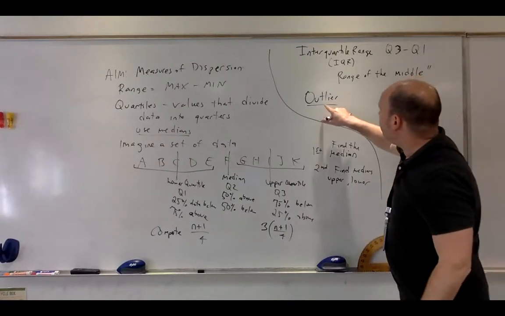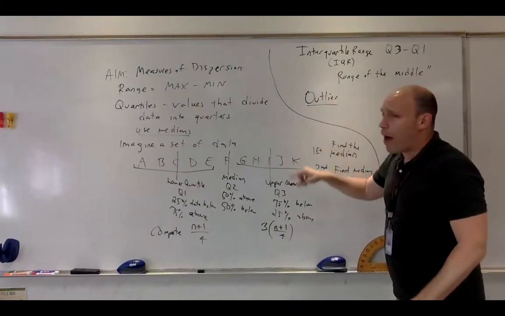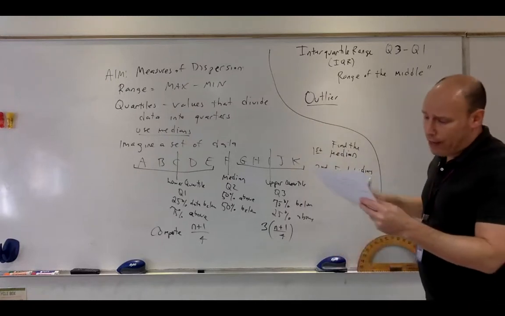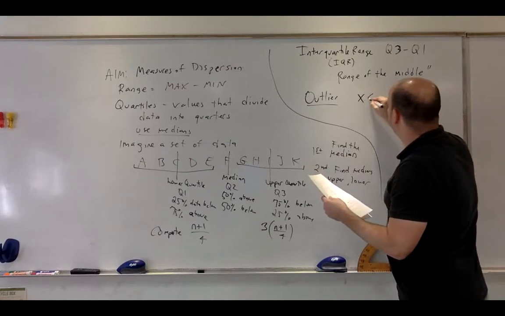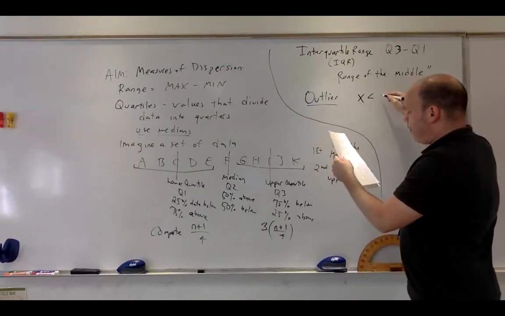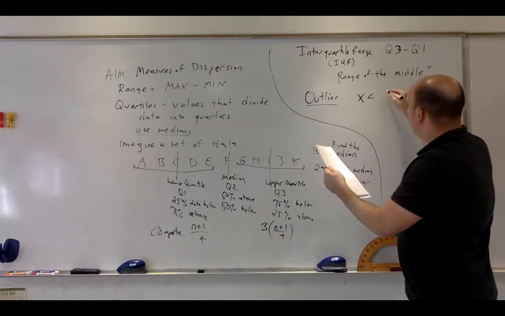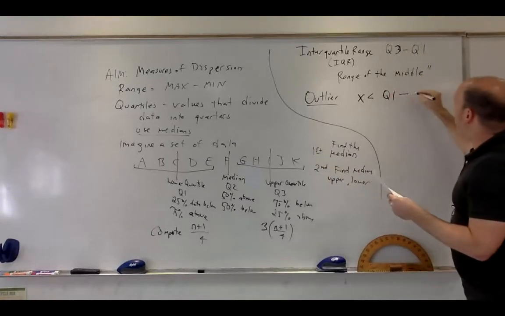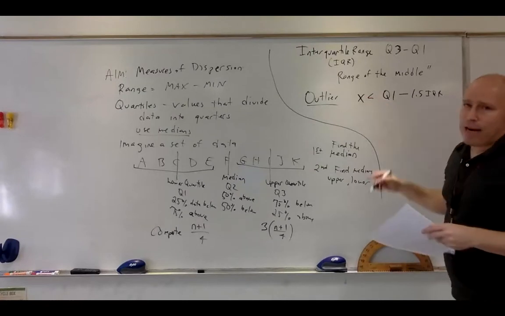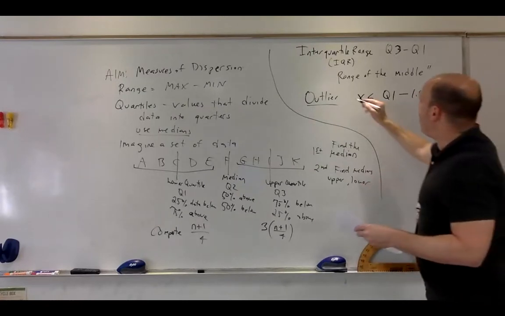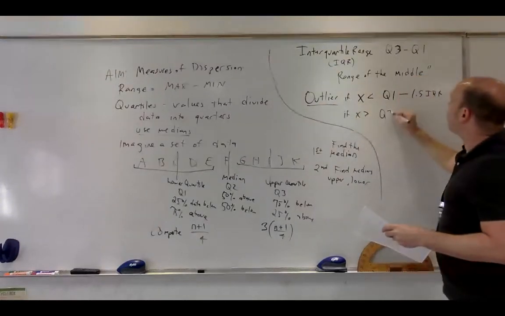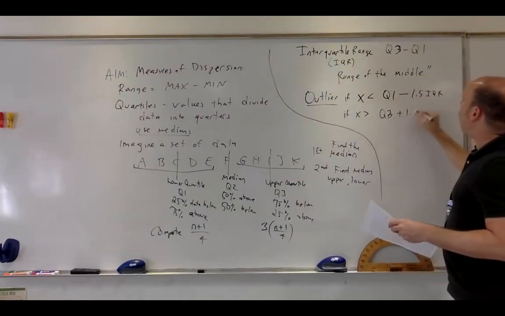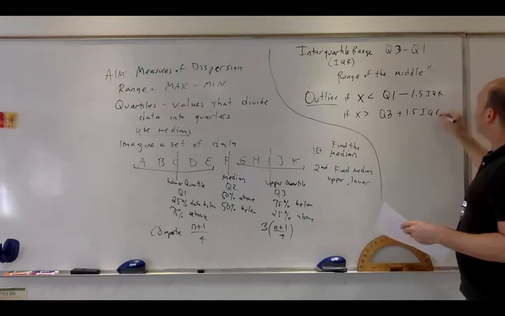And so the idea is, a data point is an outlier, mathematically, if x is less than the lower quartile minus 1.5 IQR, or if x is greater than the upper quartile plus 1.5 IQR.